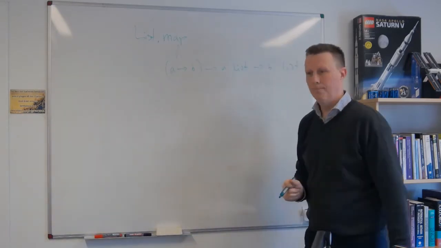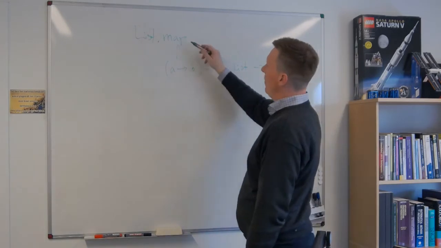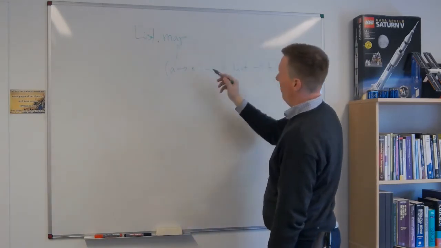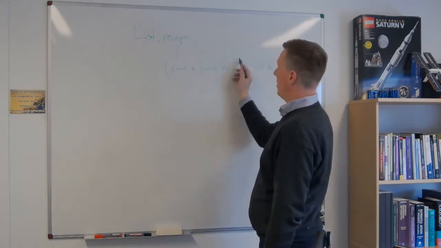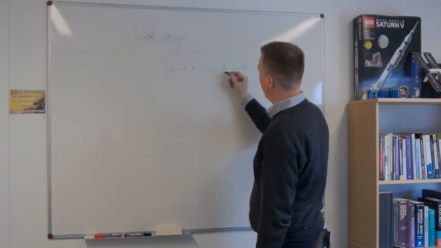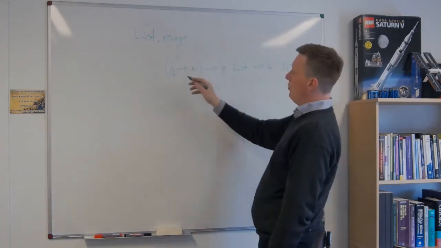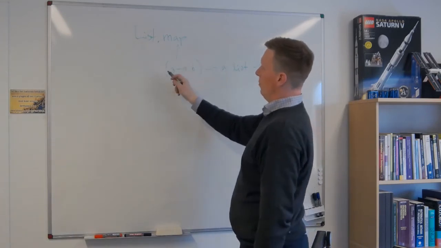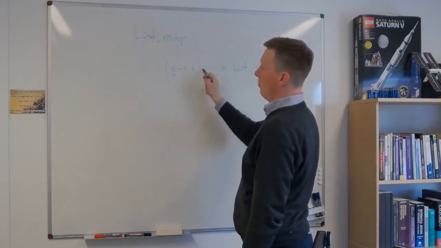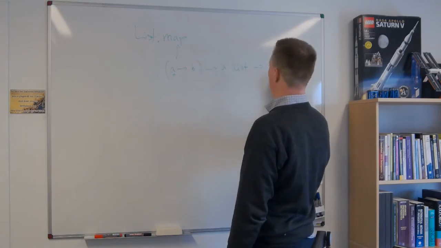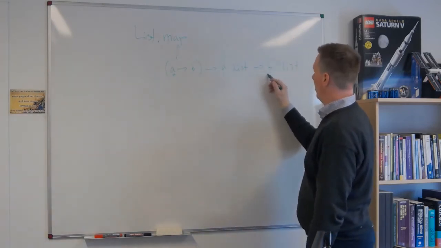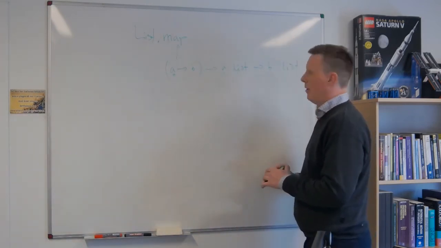So map takes a function and a list of stuff, and this a is that a there. What map will do is take this container and transform it through this transformation function to produce a new container of a new type.